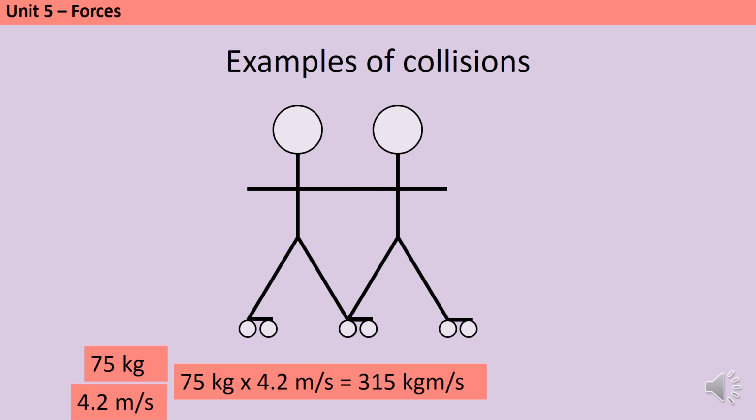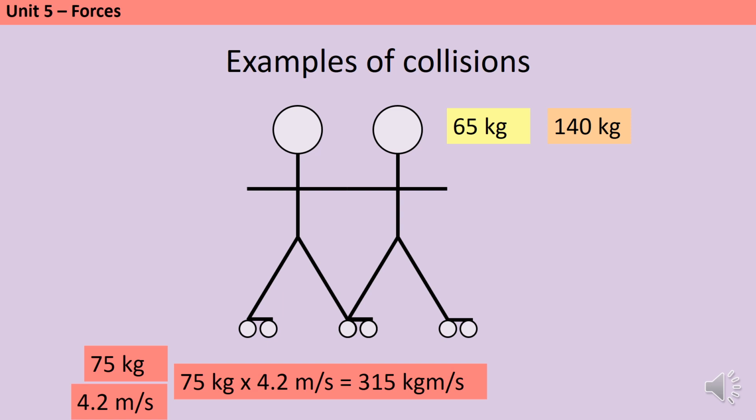So I can use this to predict after the crash how fast will the two friends be moving, because they're not going to stop dead, they're on roller skates, they're going to carry on moving a little bit. So if friend number 2 weighs 65 kilograms, then the total mass of the two friends together is 140. Now we have to have the same amount of momentum at the end as at the start. So we've still got 315 kilogram meters per second of momentum.